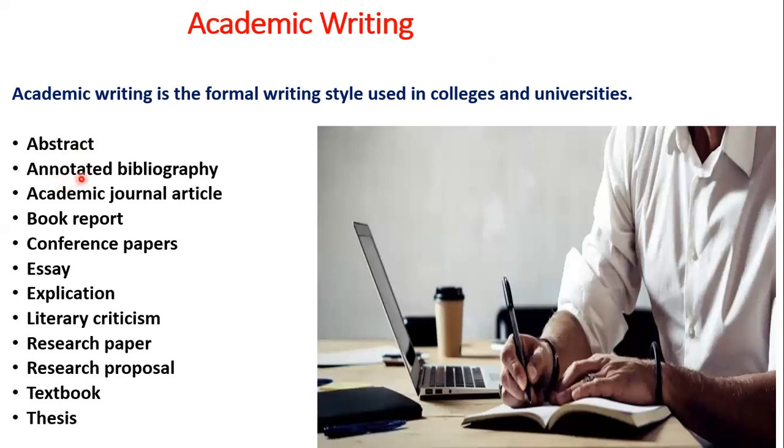Annotated bibliography, references, academic journal articles. Academic journal articles means that the people related to academia, meaning teaching and training, write different types of research articles in technical journals, for example the people who are involved in active research in MPhil and PhD.